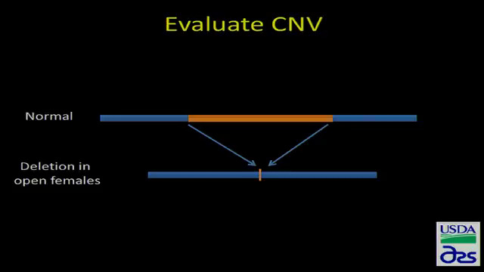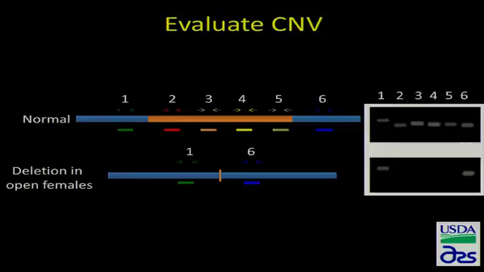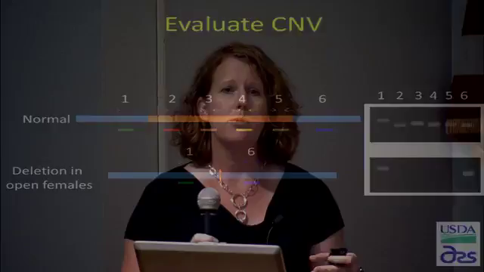So we wanted to evaluate that a little bit further and find a way in which we can, without running the chip, which is fairly expensive, identify this deletion. So what we did is we utilized PCR. We know the general size of the region that's deleted, so we generated primers that were outside the region and also within the region. Doing this, we're able to amplify different regions of the DNA.